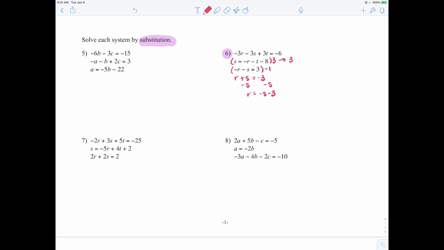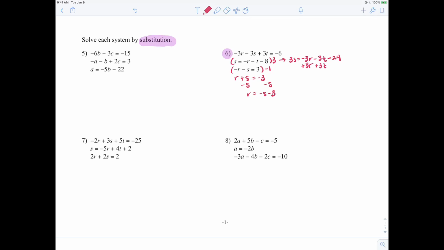That means that 3s equals negative 3r minus 3t minus 24. And to make it look more like the one on top, to hopefully cancel some things out, just because it says substitution doesn't mean I'm not going to have to eliminate at some point. I'll substitute here in a second.